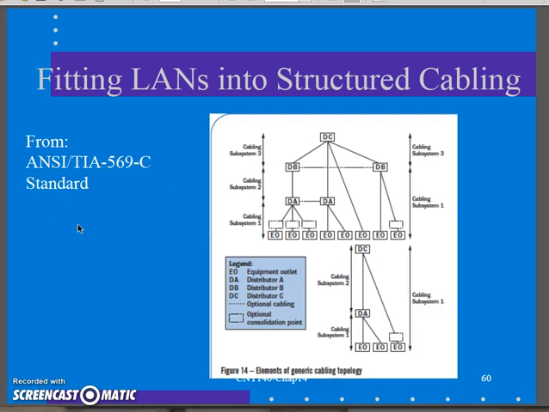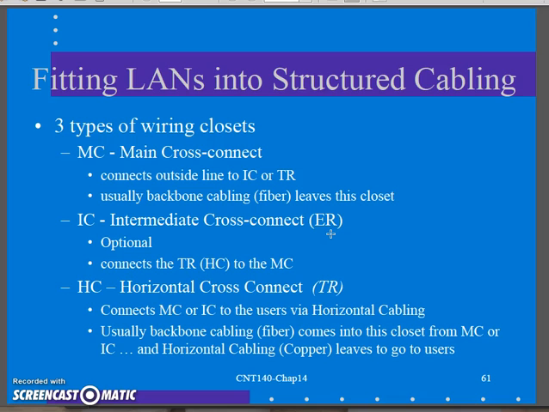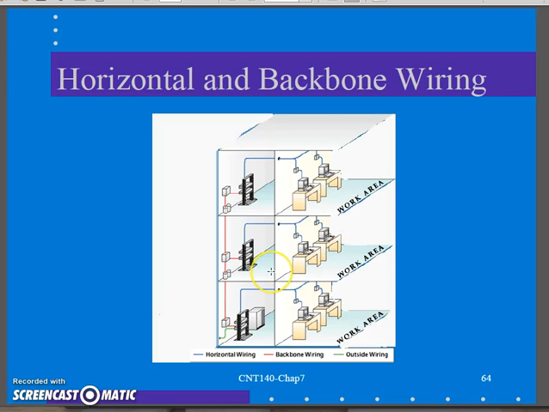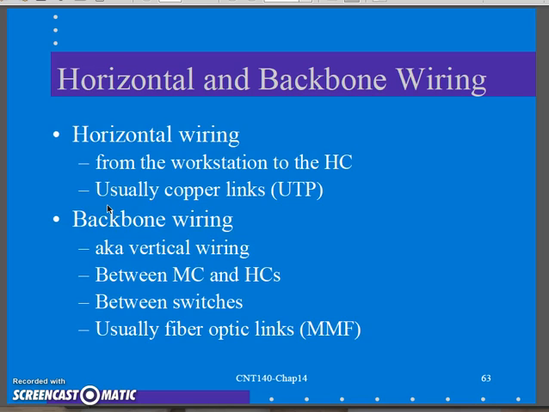If I look at the 569 standard, they have the same structure, they just call them differently: distributor A, distributor B, distributor C, but it's the same idea, main, intermediate, horizontal, or main, horizontal, outlets. That's why we have been using these pictures all along, to get you oriented to the closet structure.